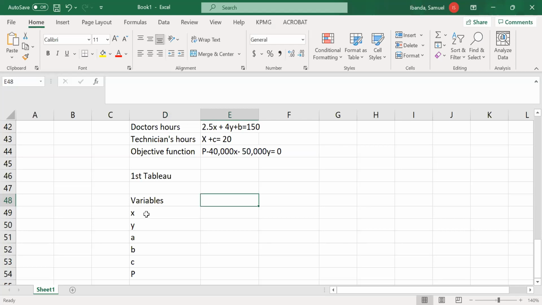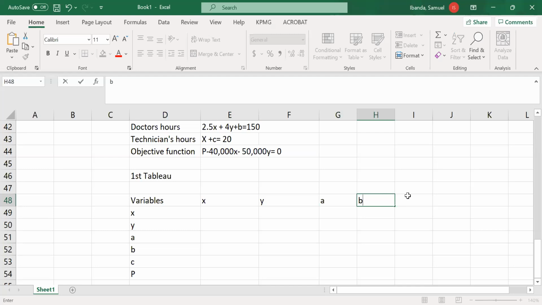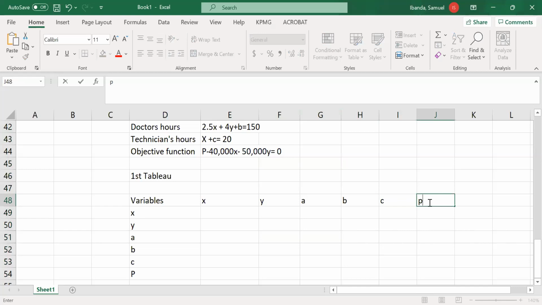So I have X, Y, A, B, C. We shall also have the solution column, P, then we have the solution at hand.